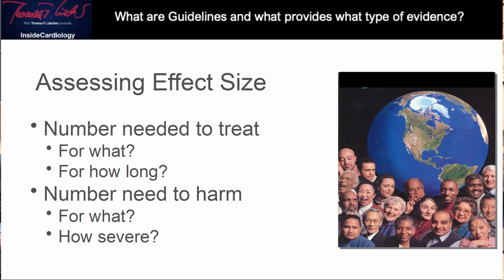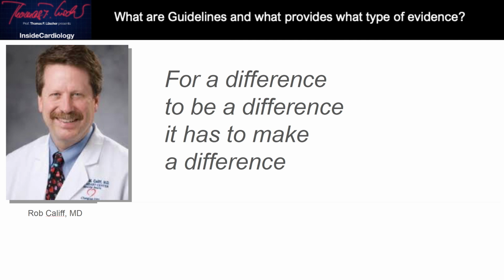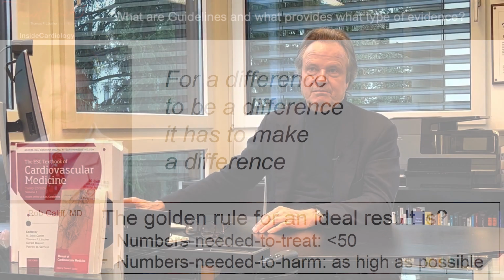And how severe is bleeding, which is important in cardiovascular medicine. And Rob Califf coined it really to the point: for a difference to be a difference, it has to make a difference, and that means clinical difference. So the golden rule is, for an ideal result, the numbers needed to treat should be below 50, numbers needed to harm as high as possible.